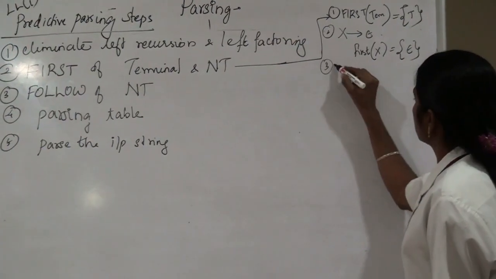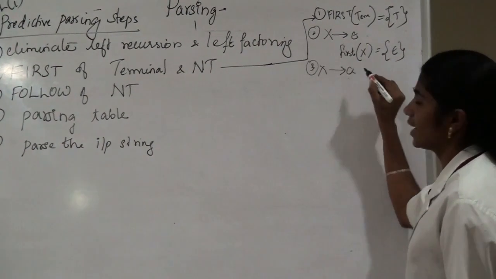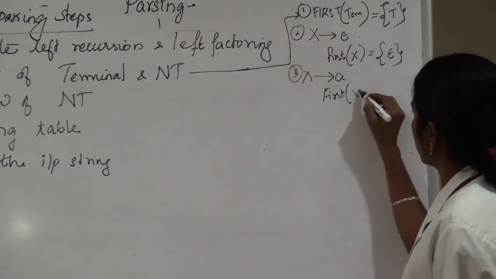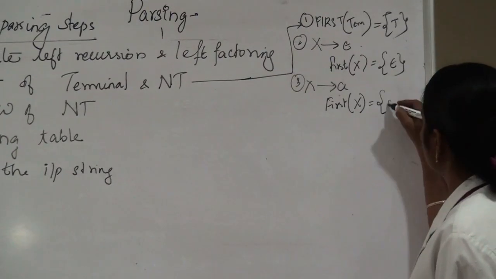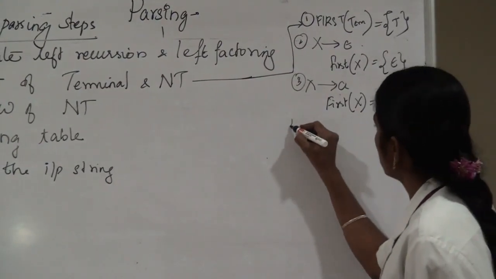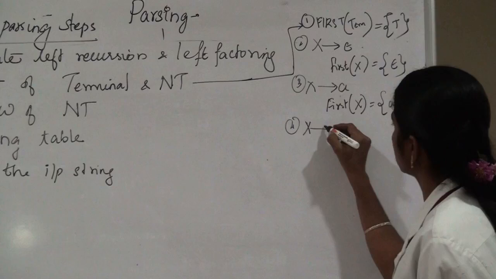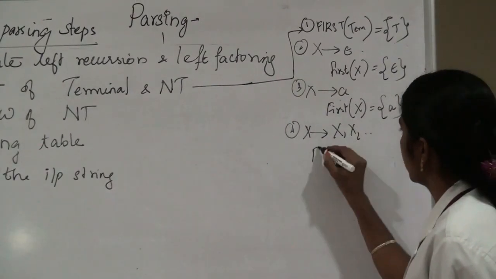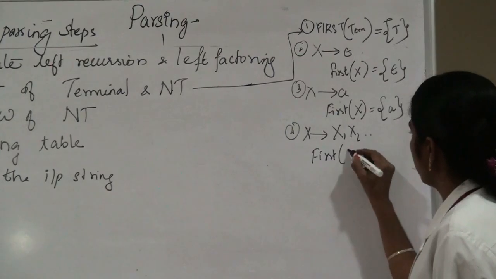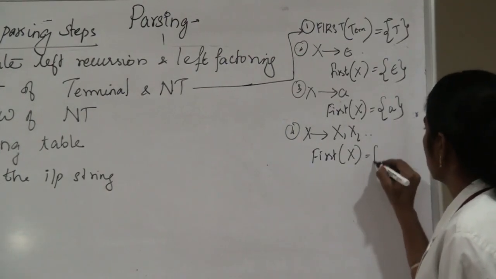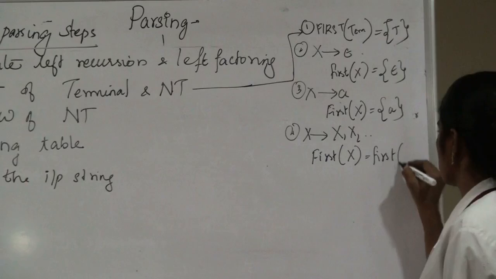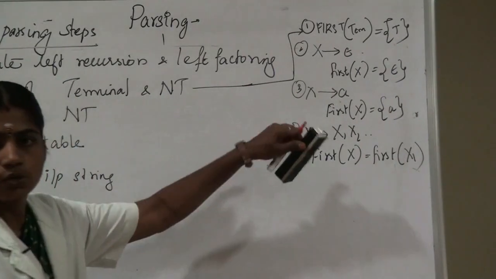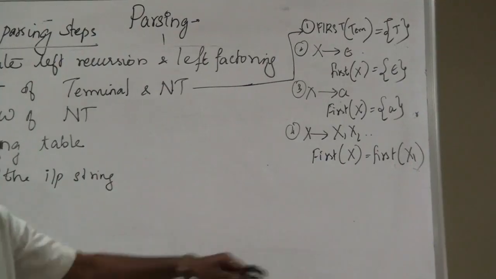And third, if you have a production of the format x derives a, then in first of x you include this a. Suppose you have a production like x derives x1, x2 and so on, then in first of x you have to compute the first of x1. So these are the 4 rules to be followed in first.